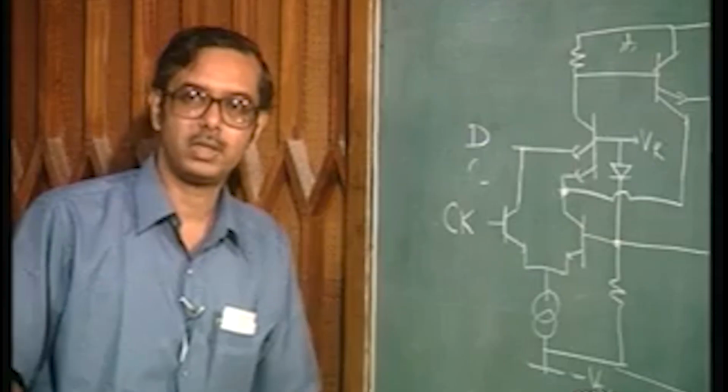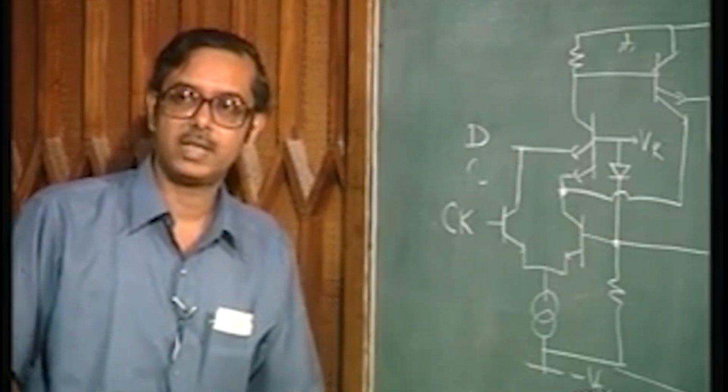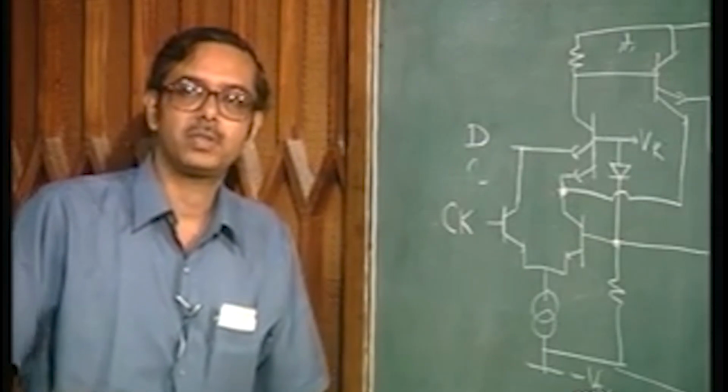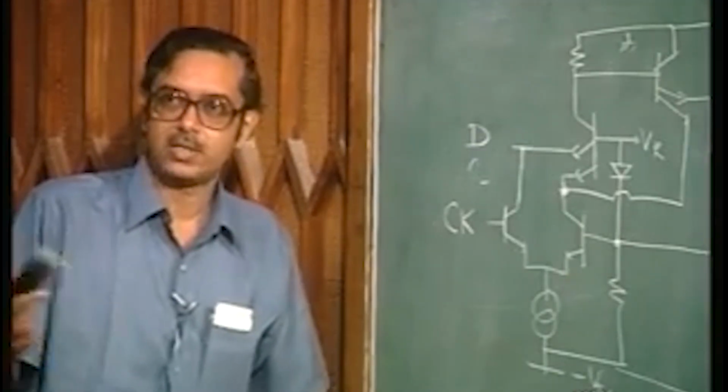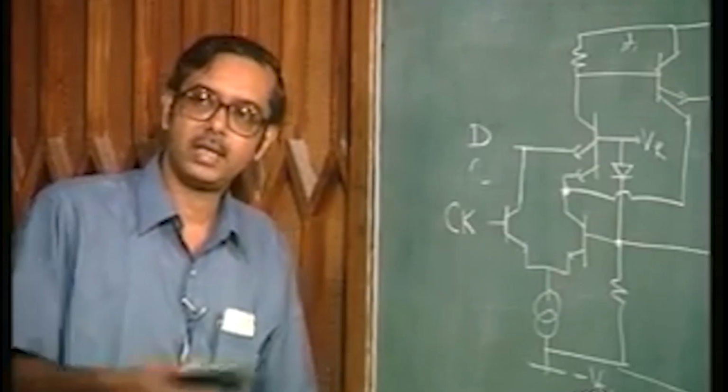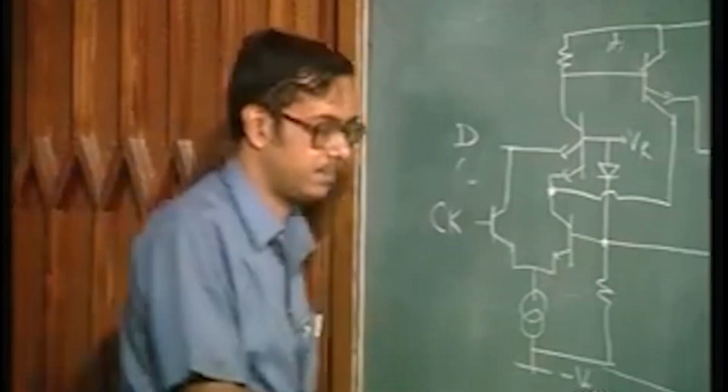That is, what are the voltages, what is the reference voltage. We have seen for ECL gate that the reference voltage must be equal to minus 3/2 V on and so on and so forth. So what is it going to be here and whether it satisfies the requirements.